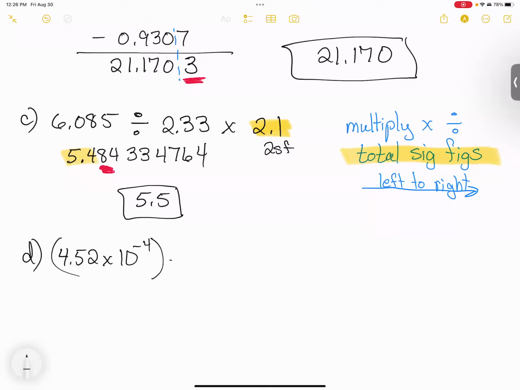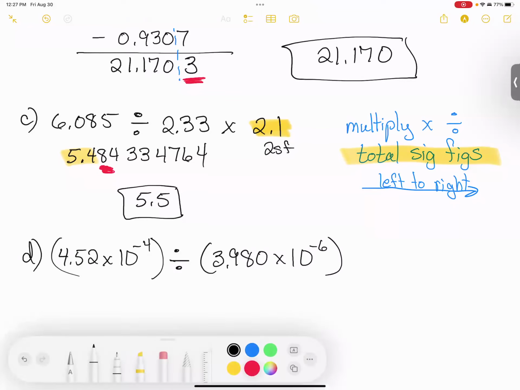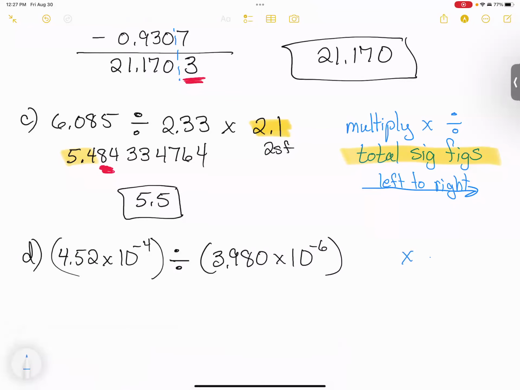We are going to do multiplication and division with two numbers in scientific notation. So again, this is multiply and divide, so it is the sig figs that matter.